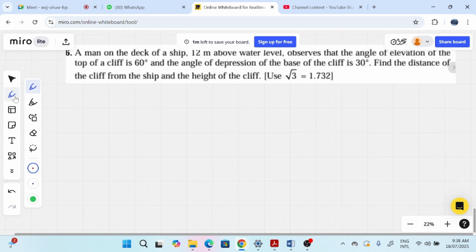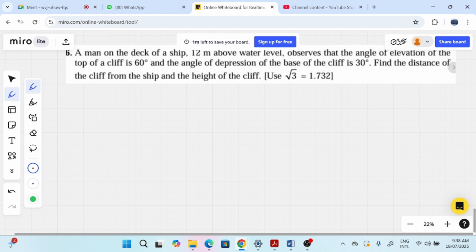A man on the deck of a ship 12 meters above the water level. That means, again, this is a very important question. It is something like the shadow and all those things. So let me just see it. Ma'am, can you explain this question? Yeah, that's what I'm doing. First, let me just sit properly.